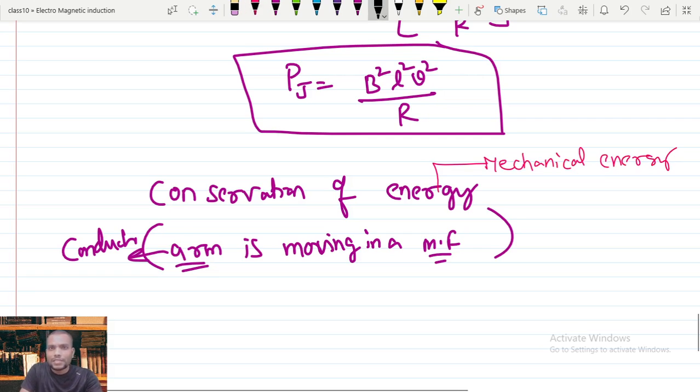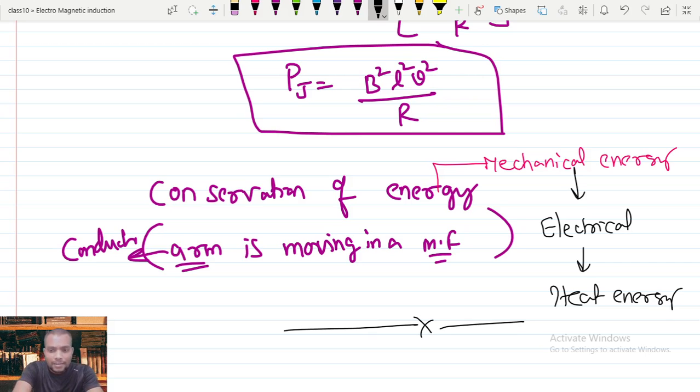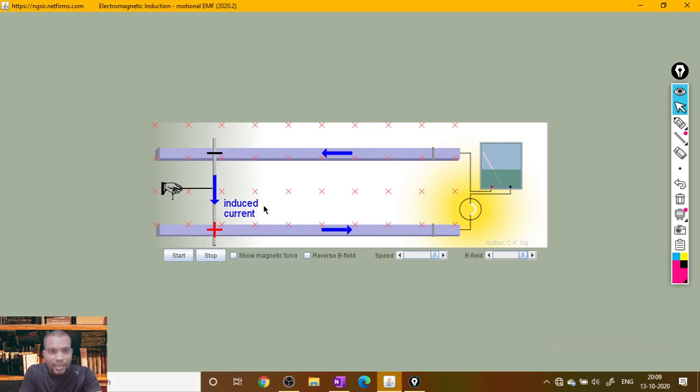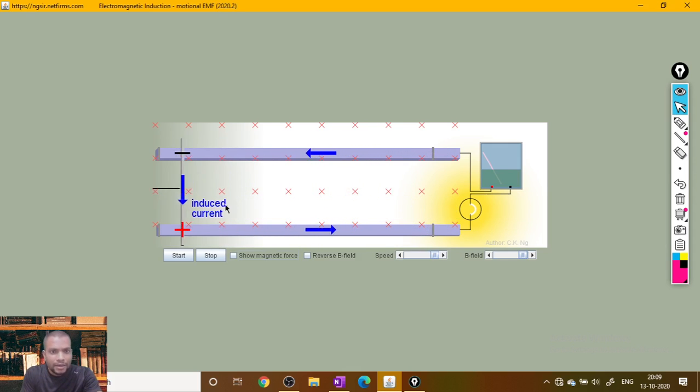The mechanical energy first converts into electrical energy, and again the electrical energy converts into heat energy. So the force applied in one direction causes an induced current, and the induced current causes an induced EMF. The plus and negative sign shows the induced EMF.